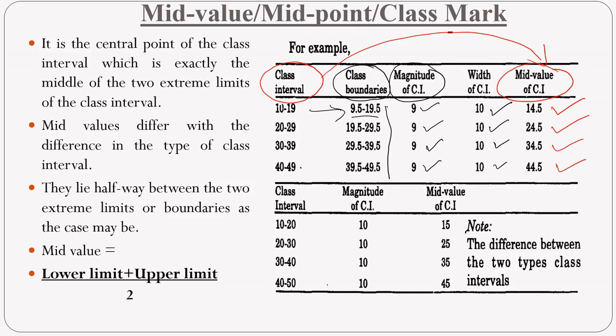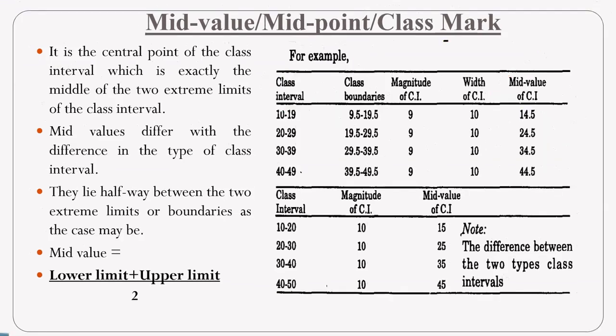So this is how we calculate width and magnitude from the given examples. From the given example, this is the procedure to calculate class boundary, magnitude, width and mid values. I hope this simple example is clear to understand.